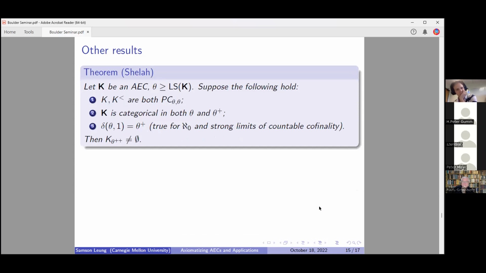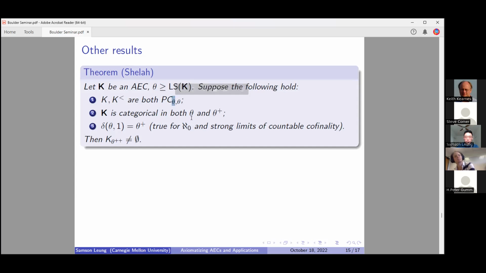Remember, I said at the beginning that I'm willing to sacrifice the first parameter in the PC property here. I'm willing to sacrifice the first one for a smaller second one. The reason is basically this theorem here. Shelah proves that if both K and K less than are PC theta, theta, so that's the first assumption.